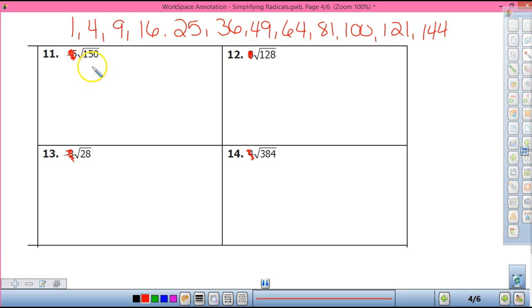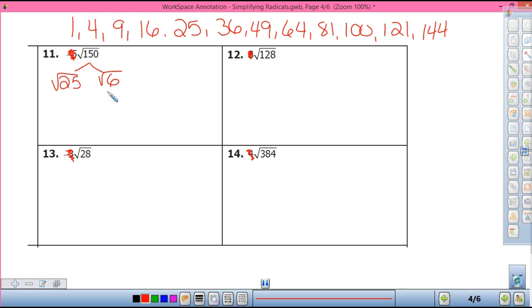So since it's a big number like 150, I might try to divide it by 49 and see if I get a whole number. Then I'll try to divide it by 36. Then I'll divide it by 25. Did any of those work? The 25 did, alright. So then we can use the square root of 25. And when I divided 150 by 25, what did I get? 6. So I can use the square root of 25 and the square root of 6.